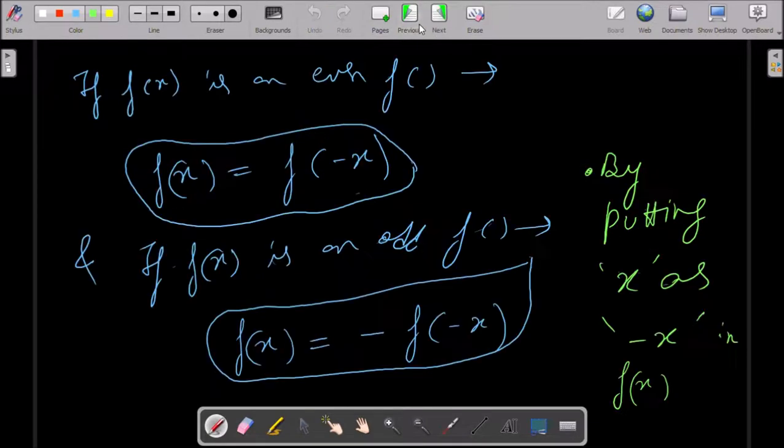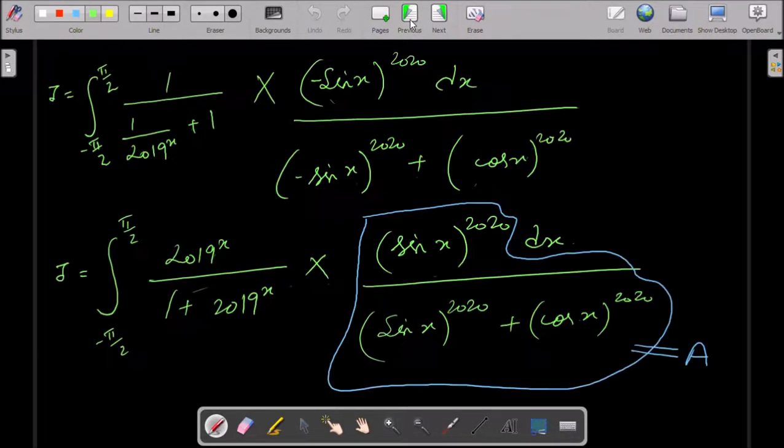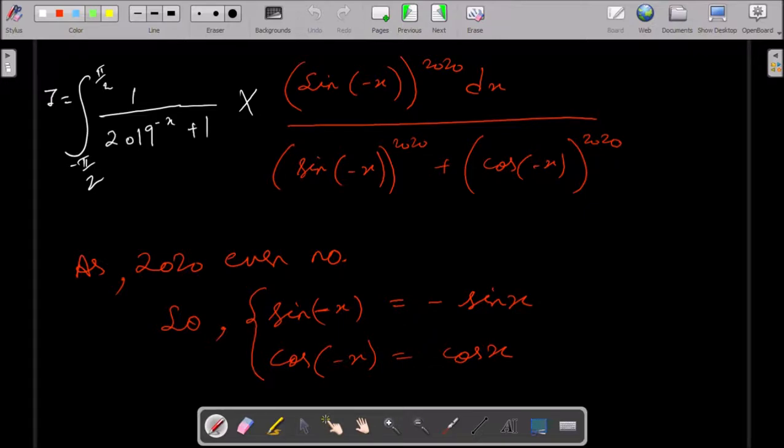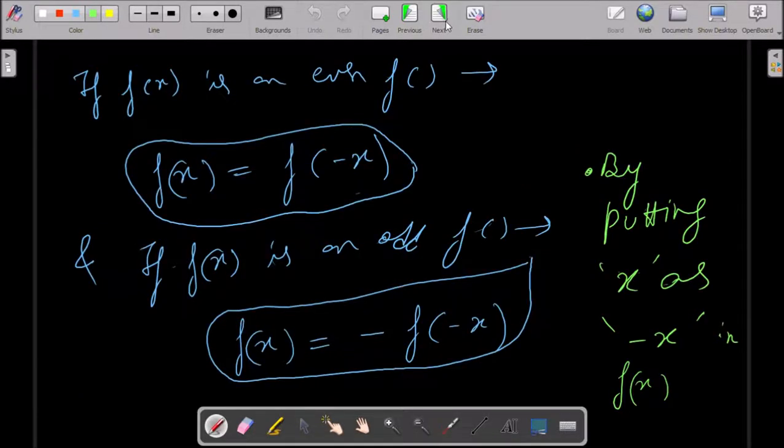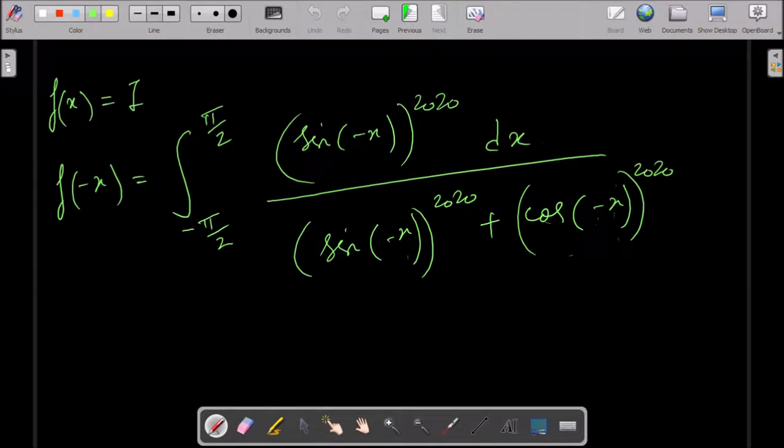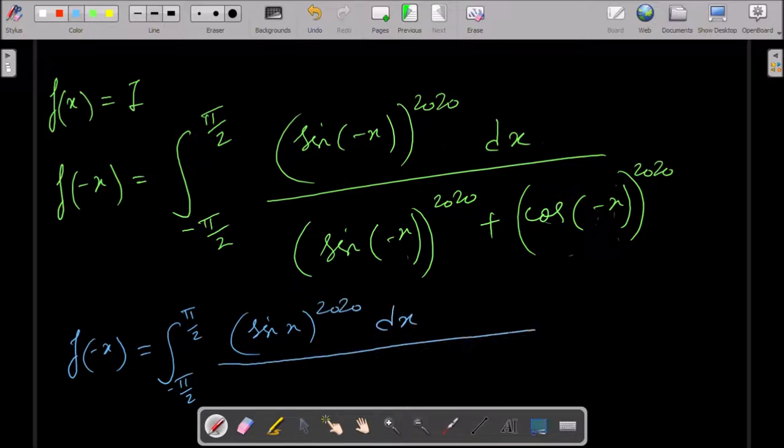As I have told you, sine of minus x is minus sine x and cos of minus x is cos x. So here also it will come that way only. So f of minus x will be the integration from minus pi by 2 to pi by 2. This will come minus sine x, which will come sine x only, as the power is even. I am writing it directly, as I have told you previously also.